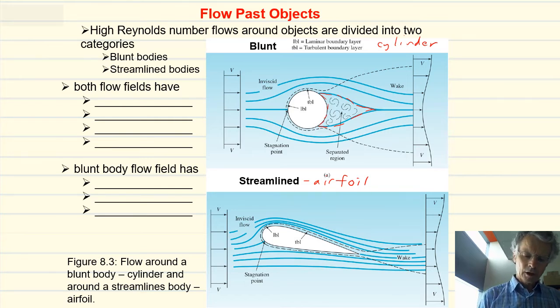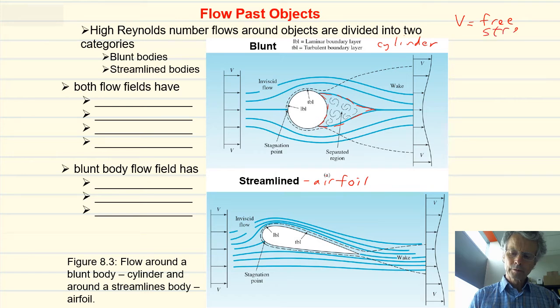So the velocity approaching the cylinder is uniform and has a magnitude v. So v, we're calling the free stream velocity.